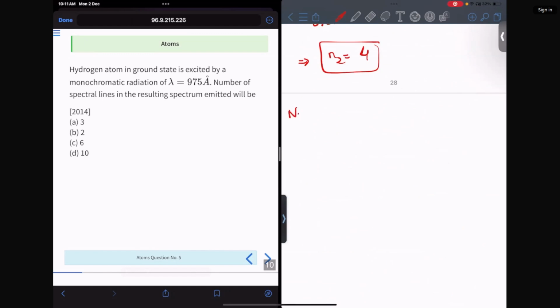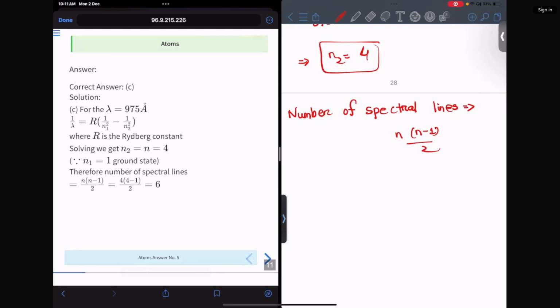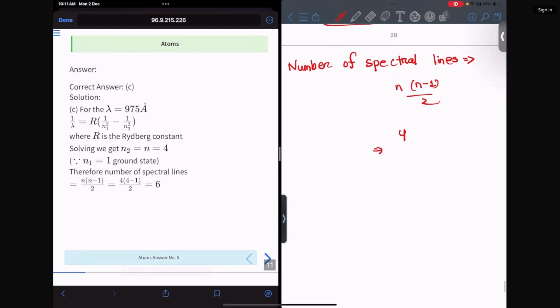For that you have a formula: n into n minus 1 upon 2. The value of n is 4 here because it is moving to the fourth shell. 4 into 3 upon 2 gives 6. So the number of spectral lines emitted is 6.